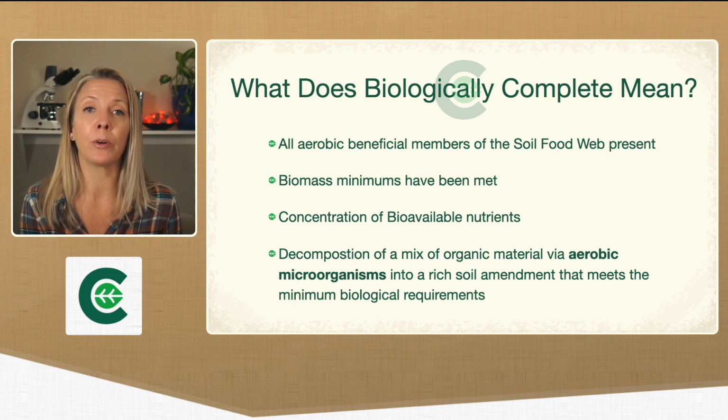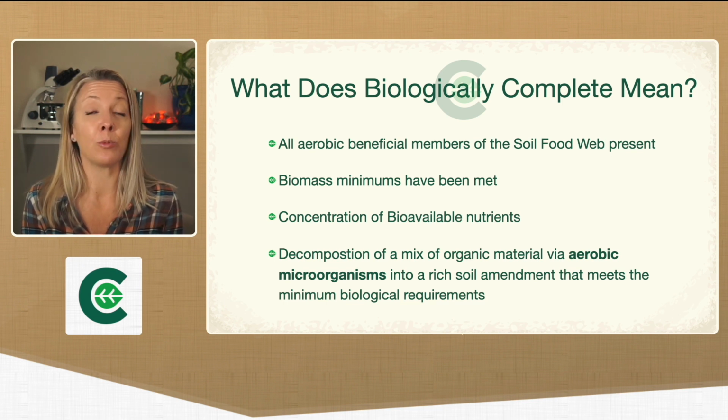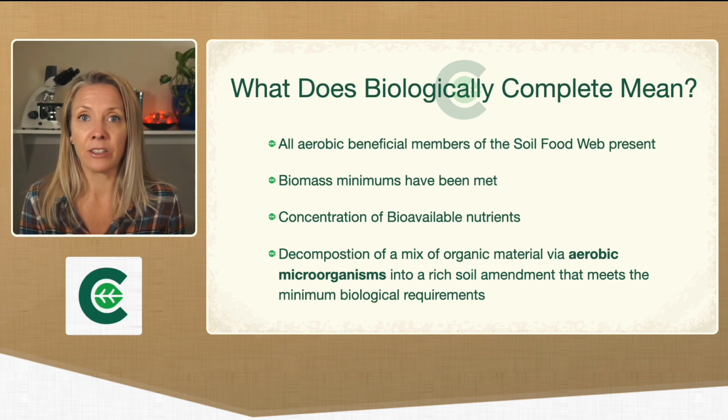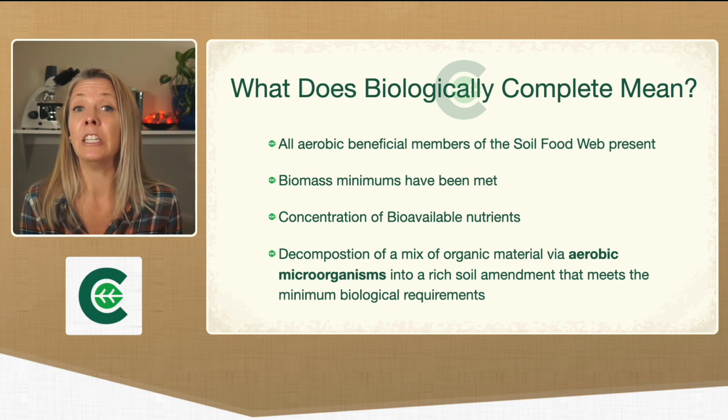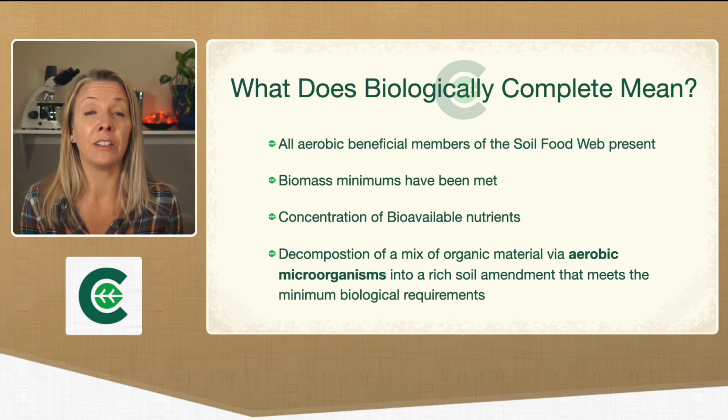That means this compost, at the end of making it, if you meet these minimums and all those members are there, can be used in so many ways as what we call an inoculant. So making compost extracts and even a compost tea if you'd like. You've got those very specific soil food web members that meet this definition of biologically complete.